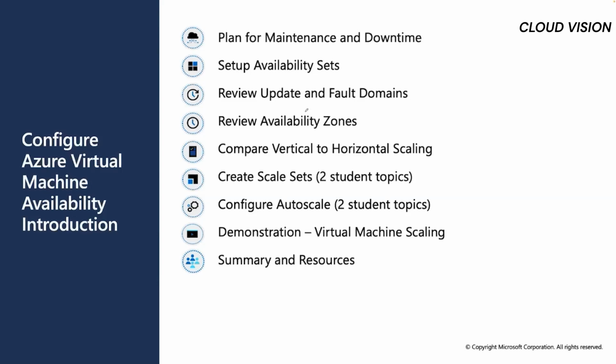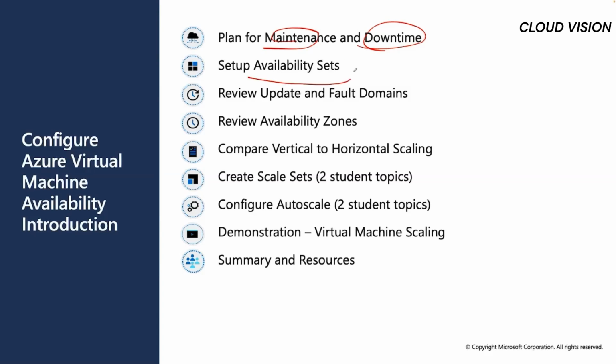In availability, you have options to keep your server up and running, either for maintenance or for downtime, whether the downtime is expected or unexpected. You need to plan for the downtime as well. Disaster recovery is another term we use. How can we assure that our services will be up and running for unexpected or even planned downtime?